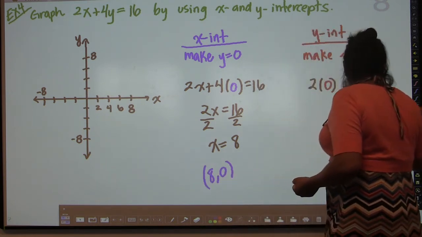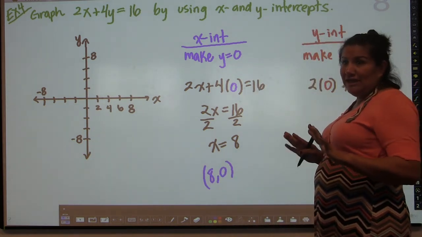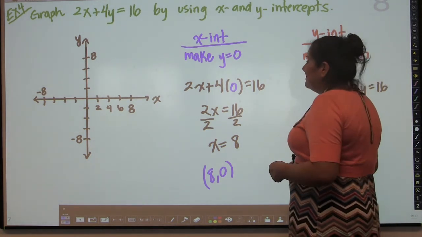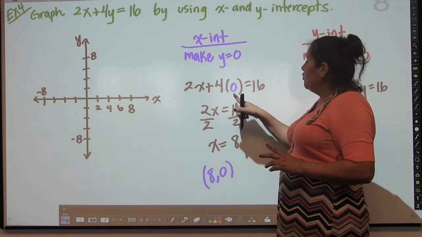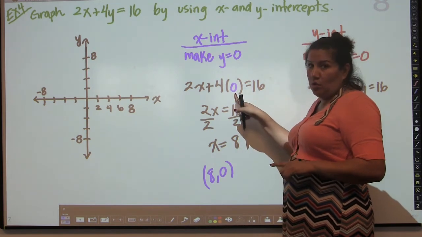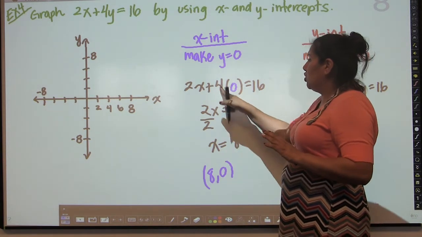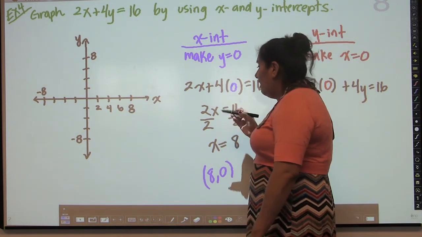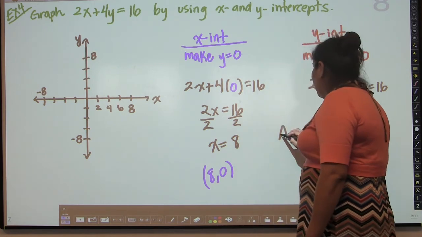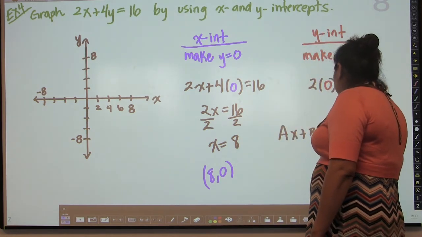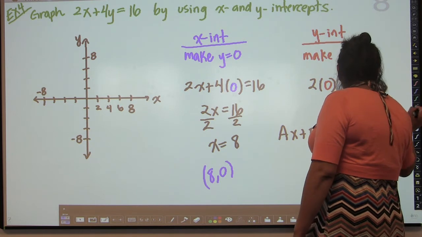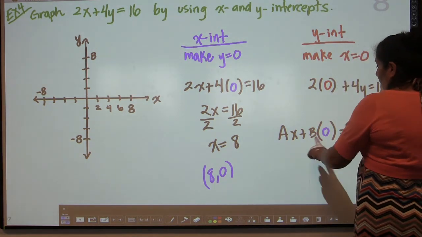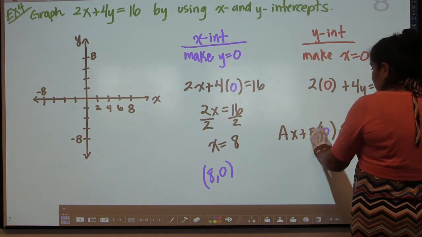Okay? But I want to show you that there's actually kind of a shortcut here. This is the way to do it the long way. But you will notice that it doesn't matter what you do. If you plug in a 0 for the y-coordinate, then this term will always disappear because 0 times anything is going to be 0. In other words, if you had ax plus b times 0 equals c, it wouldn't matter what b is. 0 times anything is going to be 0.